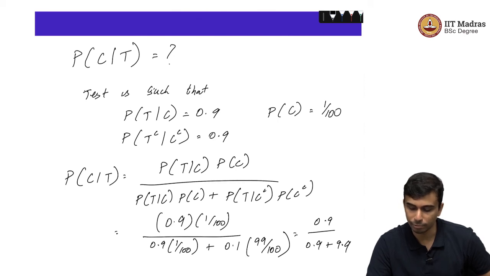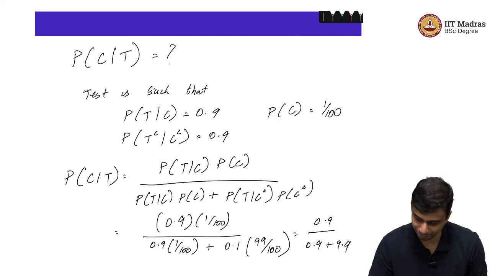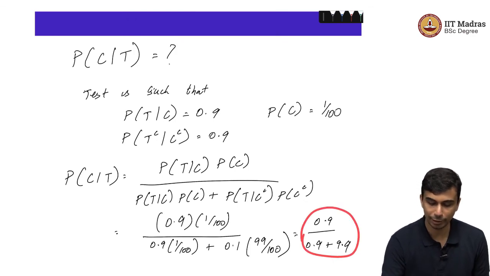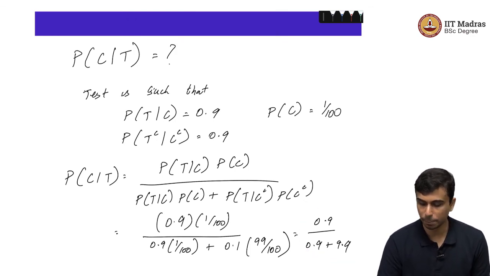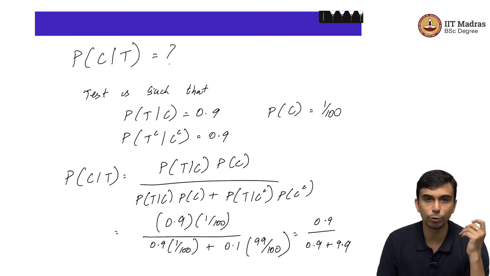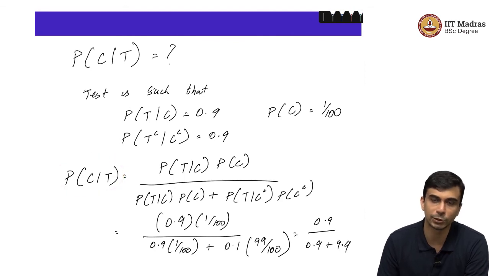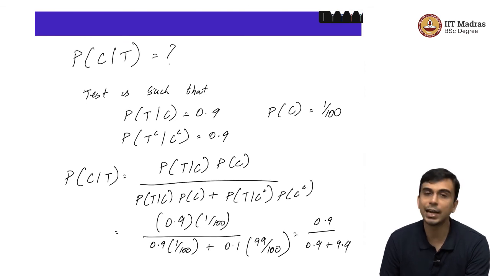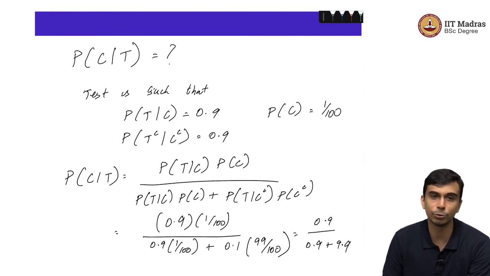So you can compute this number, 0.9 by 0.9 plus 9.9, which is approximately 10%. So even though your test is positive, the probability that you really have COVID is only 10%. Yes, it is higher than when you began with.